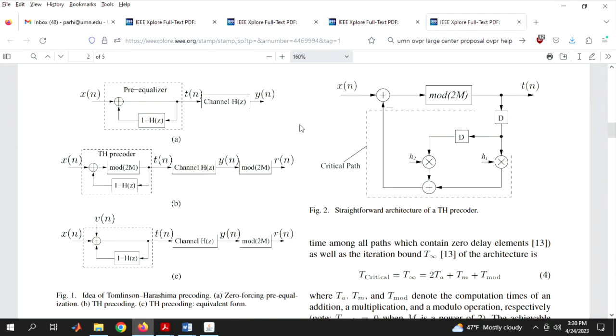Now the argument of transmit equalization is, instead of equalizing in the receiver, I can take the information that I am trying to transmit, x of n, and mimic 1 over h in the transmitter as opposed to cancelling that or equalizing that in the receiver, and that's what is called a precoder.